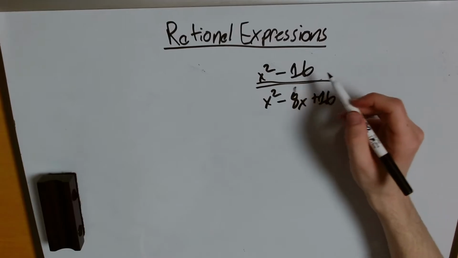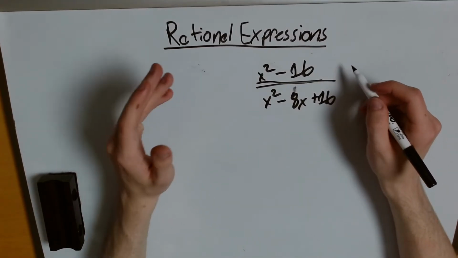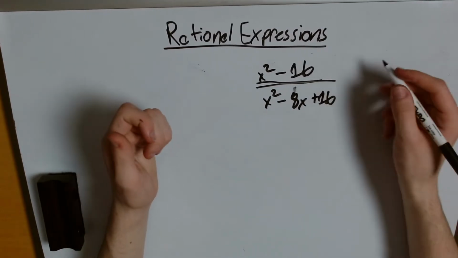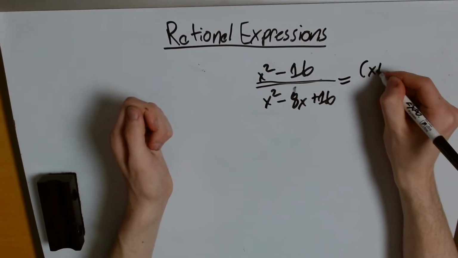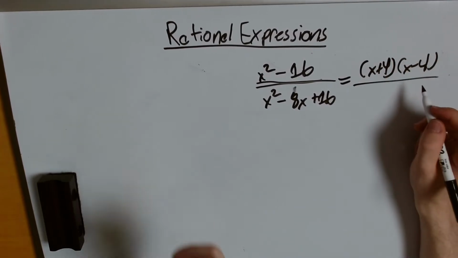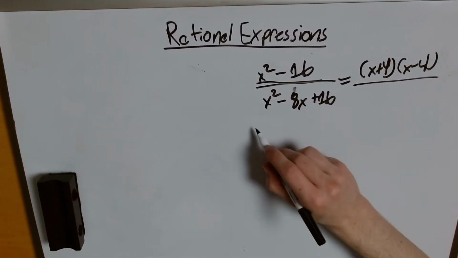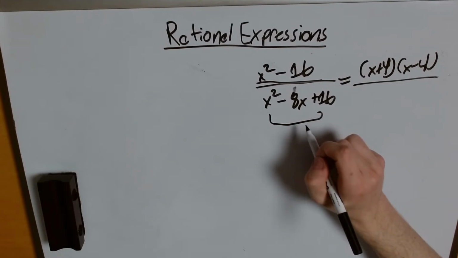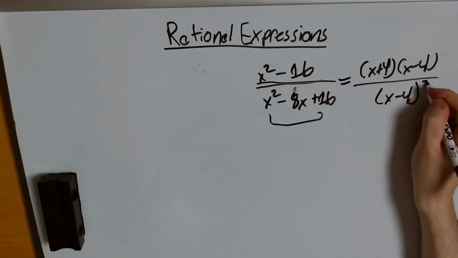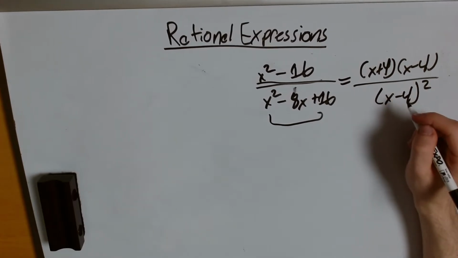So x squared minus 16, that looks like the difference of squares. I know 16 is 4 squared, so I'm going to go with x plus 4 times x minus 4. I go into my denominator here, and it looks an awful lot like a square. Actually, that looks an awful lot like x minus 4 squared.